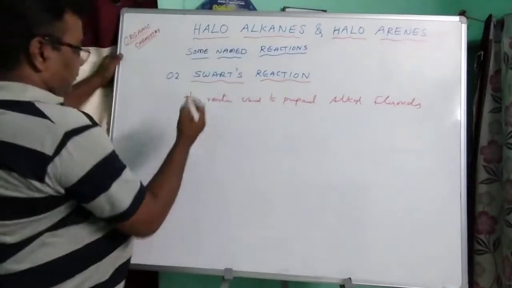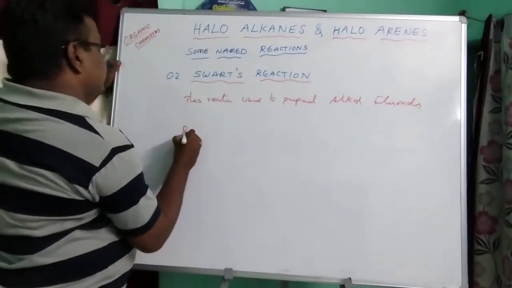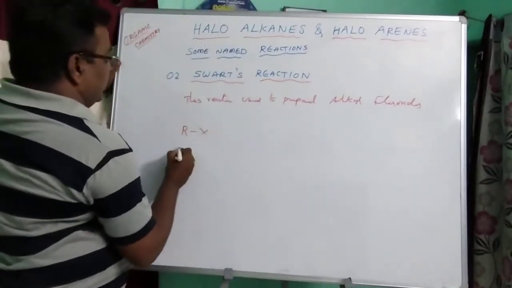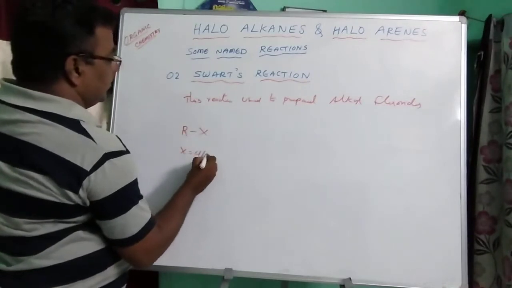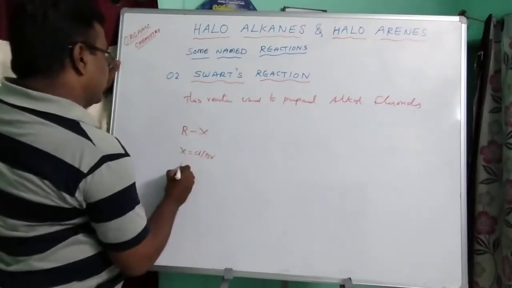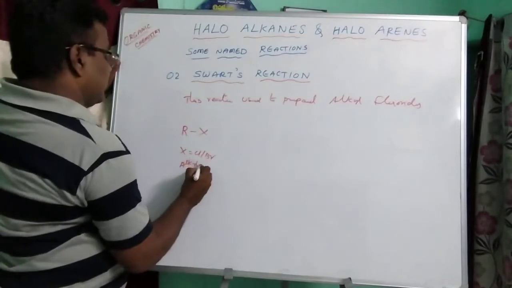An alkyl halide R dash X. Here X is equal to chlorine or bromine. This R dash X is the alkyl halide.